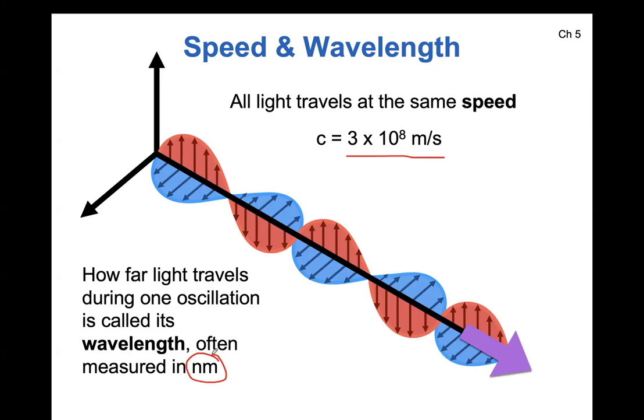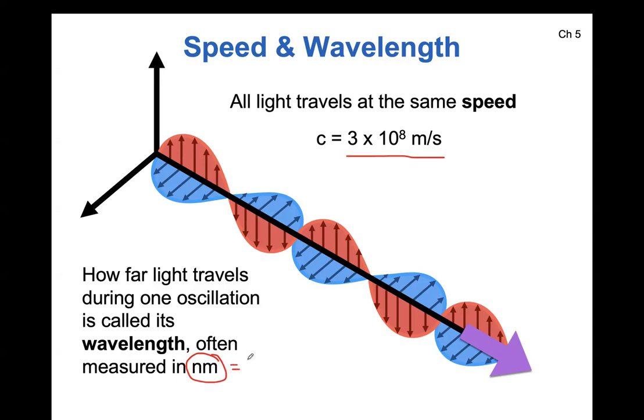This would be light that is not part of the visible spectrum. Types of invisible light you've probably heard about are infrared light or ultraviolet, but also microwaves and radio waves. Some of those will be impractical to measure in nanometers, and we won't use nanometers. We'll just use meters or some other unit. But we'll definitely use nanometers quite a bit.